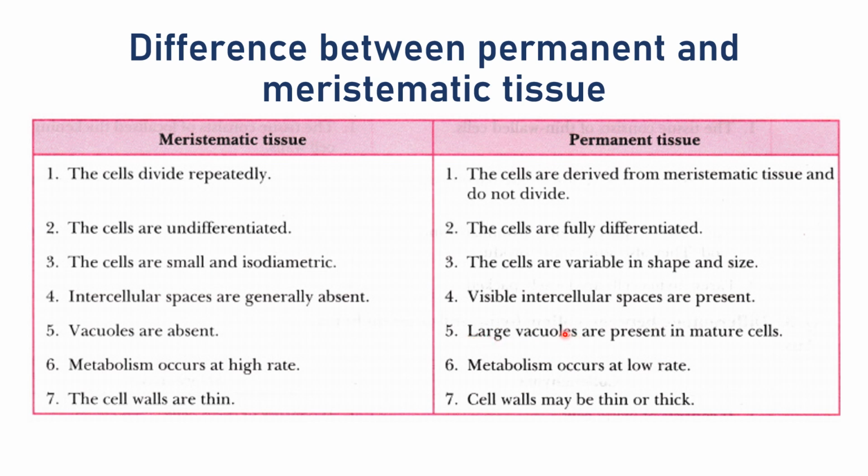What is the function of a vacuole? It is for the storage of food and waste material, and it provides turgidity to plants. Plants have to stand at their place throughout life, they don't move, so they have to face all the environmental and climatic changes, so they need a very strong mechanical system.